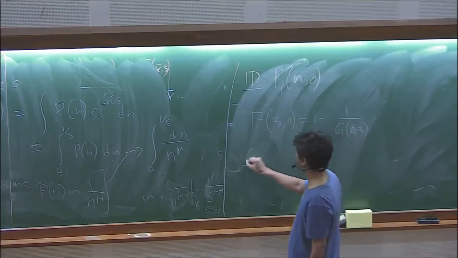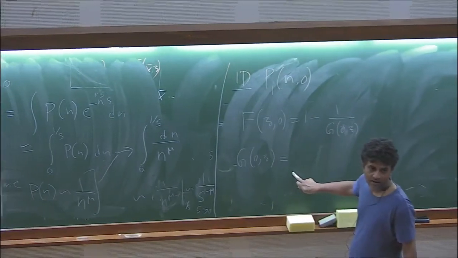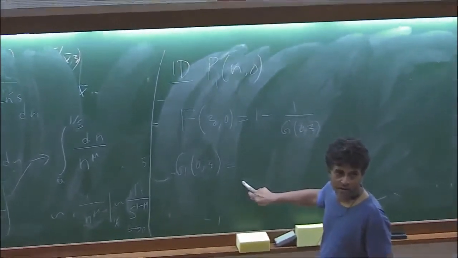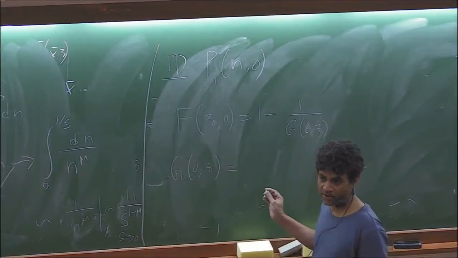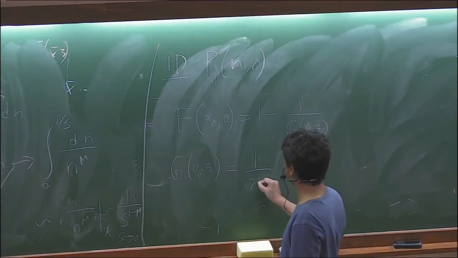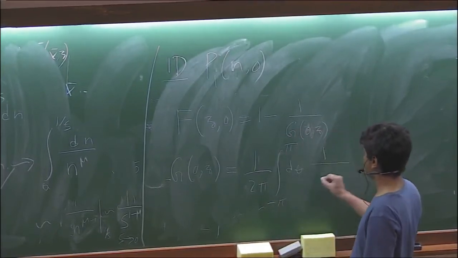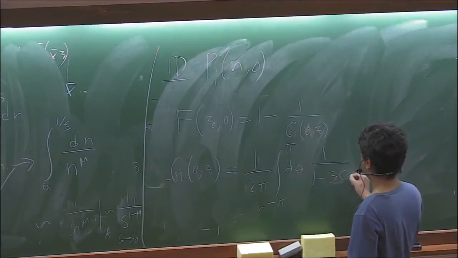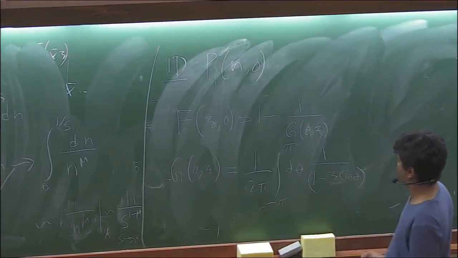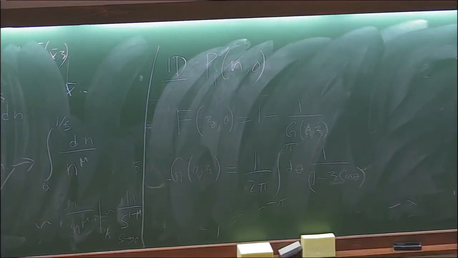And what is G0Z in 1D? No, G01 was infinite, right? G0Z is, there's an expression, right? So that expression was 1 by 2 pi, integral from minus pi to pi d theta, 1 by... This is right, right?